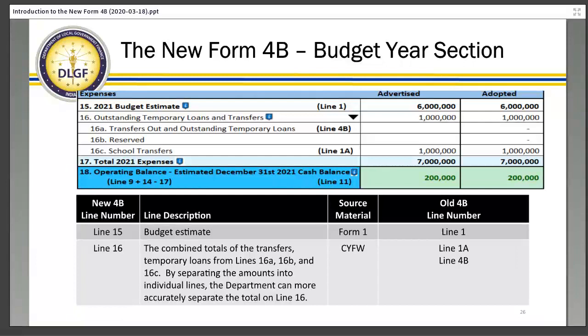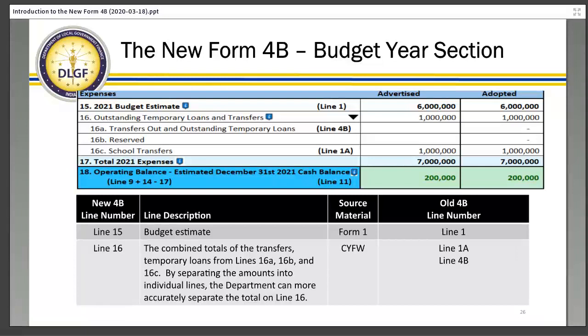Line 16 should also look a little familiar, similar to what we saw in the current year section. Line 16 is made up of transfers and temporary loans, but instead of for the last 6 months of the year, these are going to be the ones for the 12 months of the budget year. We're still going to separate out the individual detail there.